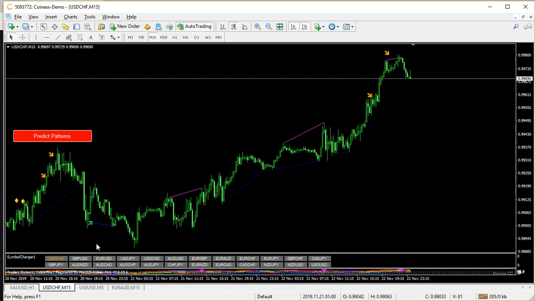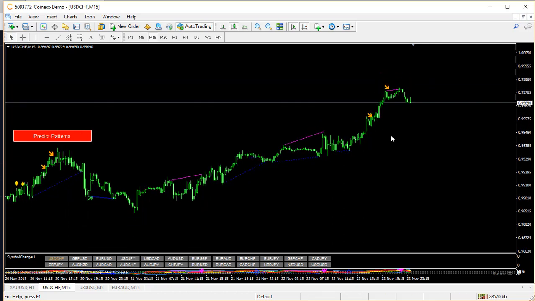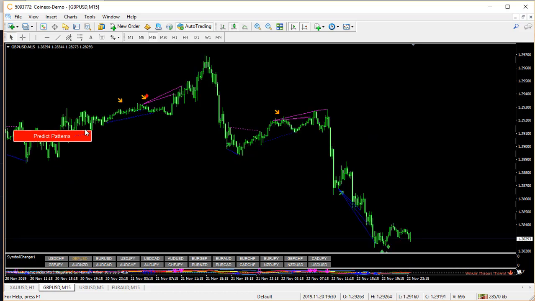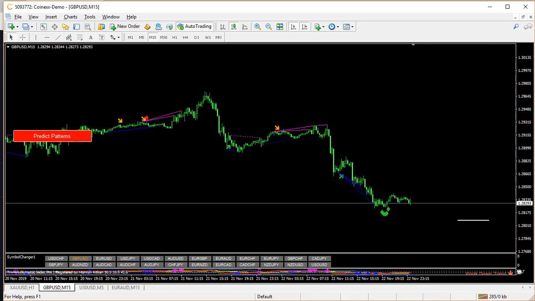So let's start with the USD CHF. I hit on predict pattern, and nothing shows up, so I move to the next pair, which is GBP USD. Again, nothing happens. Oh, there it is.